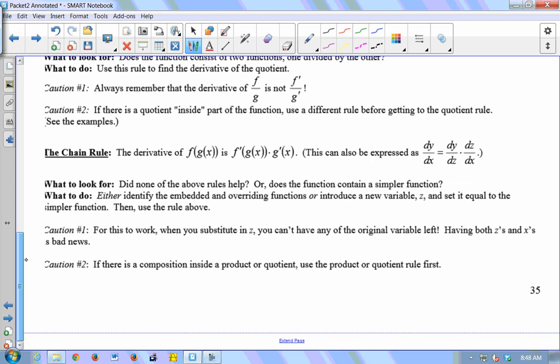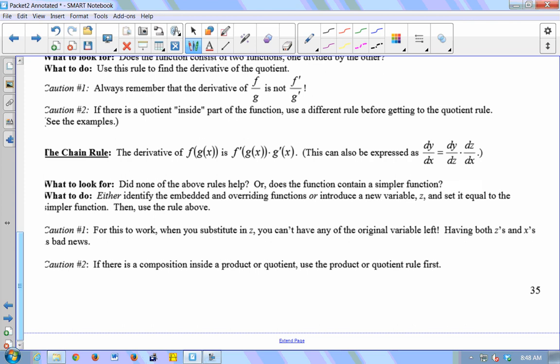And then finally, we have the chain rule, right? If I want to find the derivative of a composition f of g of x, it's f prime of g of x times g prime of x. Or you can express it in Leibniz notation, dy dx is equal to dy dz times dz dx. All right, what to look for.